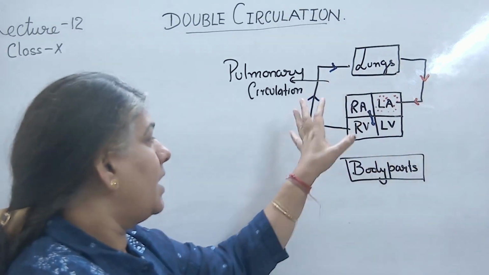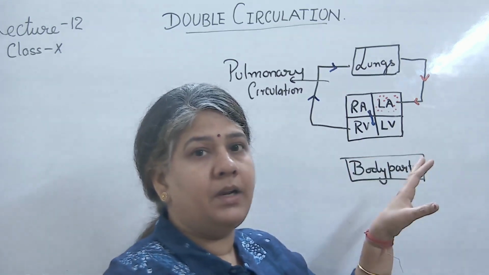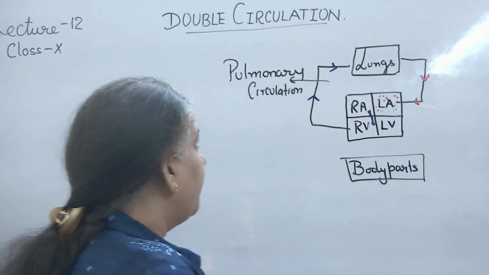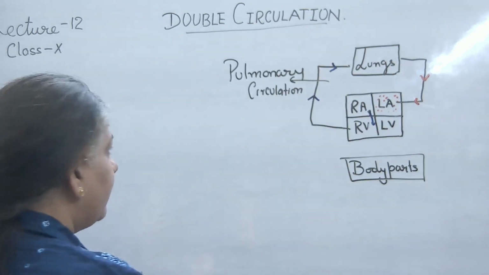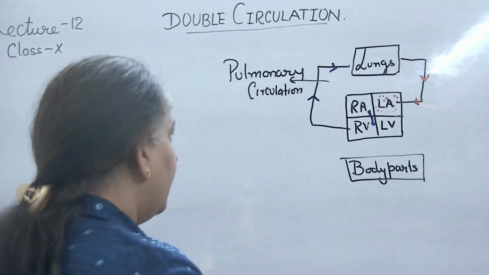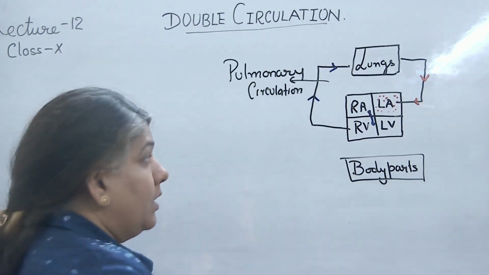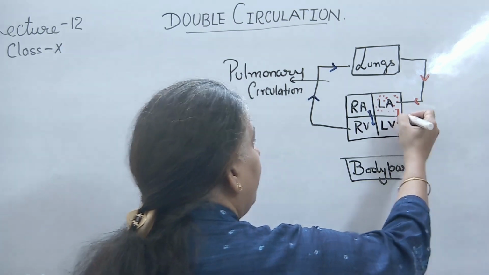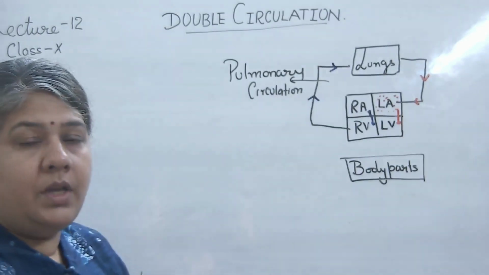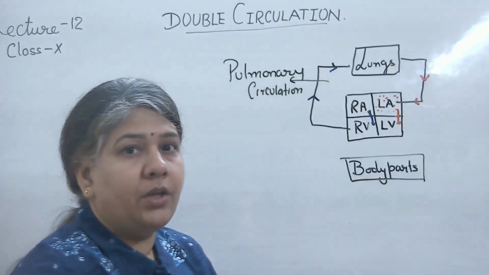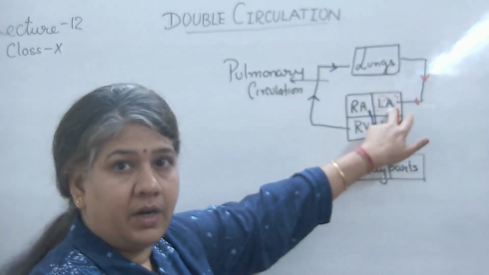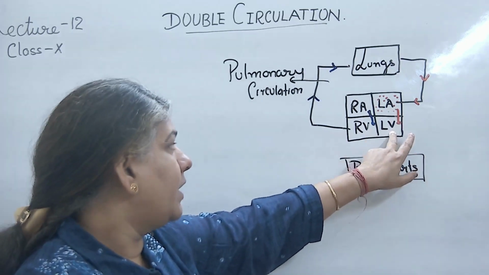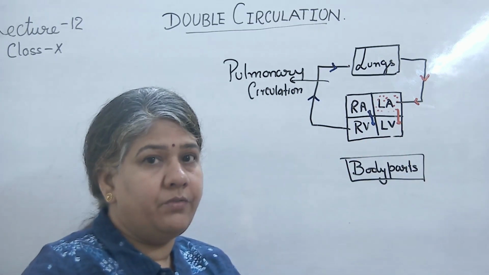So veins and arteries, vessels which are carrying the blood or taking part in the circulation, you must be thorough with it. Okay. Next is systemic circulation. It begins with aorta. So the oxygenated blood will be pushed into the left ventricle by the contraction of this auricle or atrium. So atrium will contract and ventricle will relax to receive the blood.